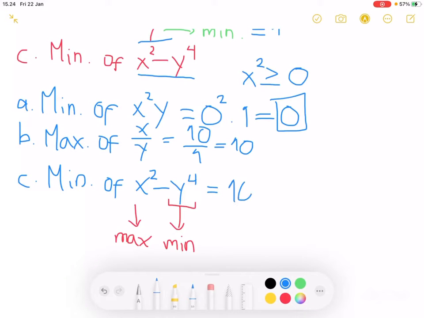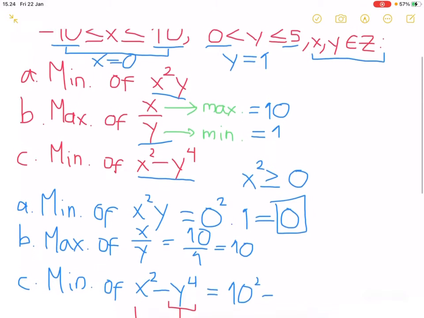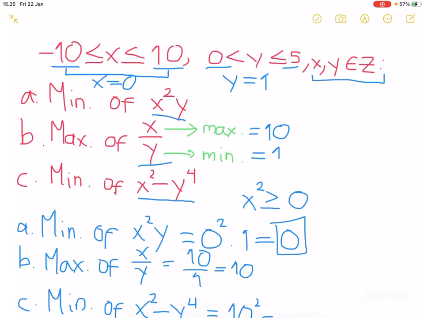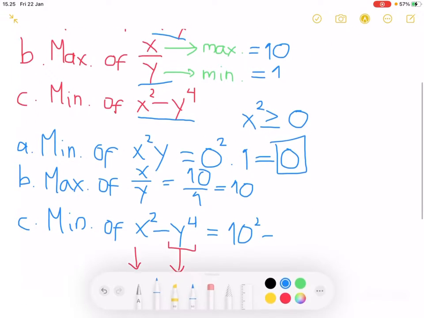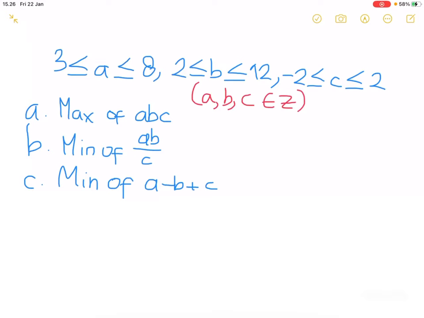So we have positive 10 squared minus our minimum positive y value, which is positive 1. And we know this is 1 to the fourth power. And then you can just manipulate this to get a final result of 99. I'll do another example, a last example of this type of question.